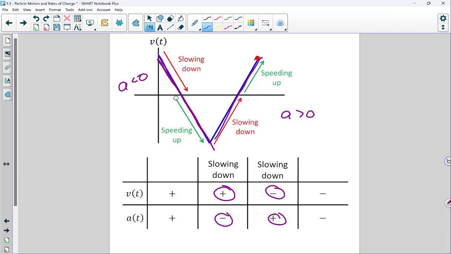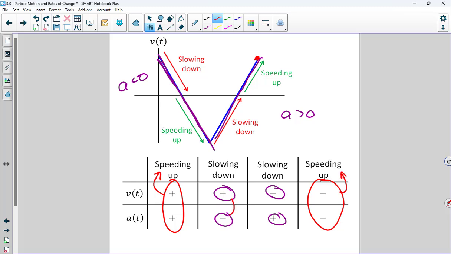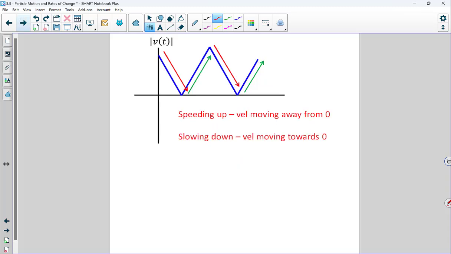Speeding up is when both the velocity and the acceleration are negative, or both are positive. So if we have the same sign on both velocity and acceleration, we're speeding up. If we have different signs, then we're slowing down. Let's summarize that. Speeding up, velocity is moving away from 0. Slowing down, velocity is moving towards 0.